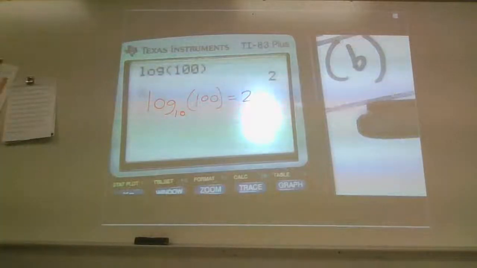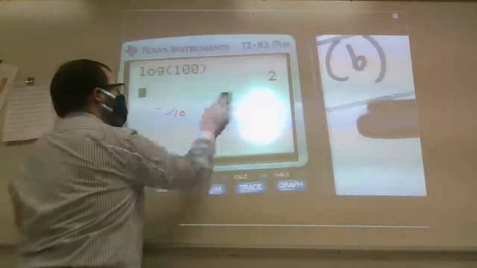What is the relationship between 10, 100, and 2? Yeah, 10 squared. 10 squared is 100. That's literally the relationship. That is exactly why it does that.